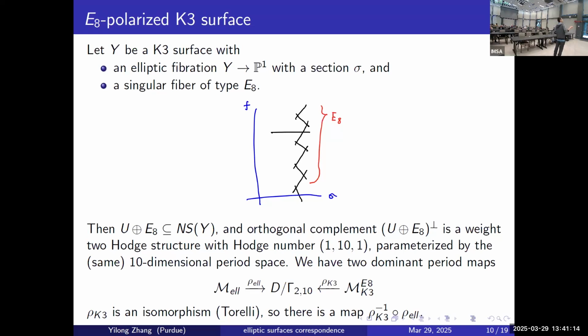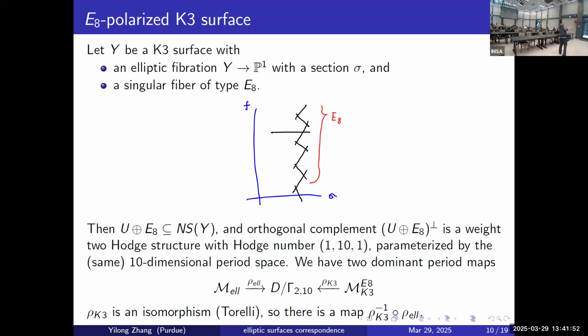So we assume that the elliptic surface for the K3 side actually contains an E8 fiber. An E8 fiber is very related to the Dynkin diagram of the E8 lattice, and it has this shape. If you look at this closely, it actually has 9 components instead of 8 components. That is because you need to add the very last component to make the self-intersection of the section 0 instead of -2.